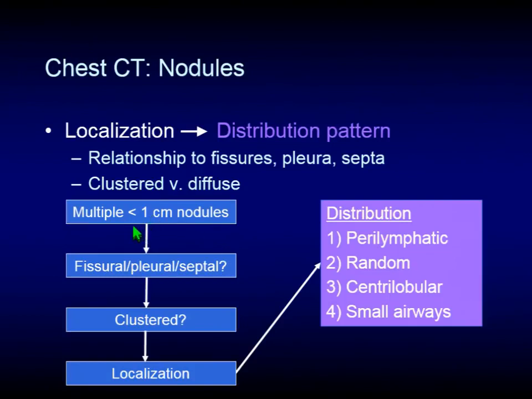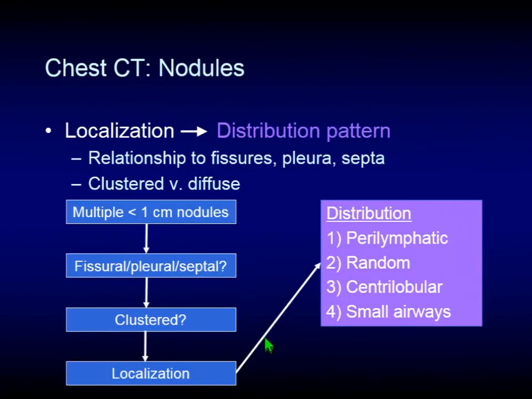So if you're dealing with a small sub-centimeter nodular pattern or a lot of them, the first question you want to ask yourself is, are these nodules on these lymphatic pleural surfaces? Are they on the fissures? Are they on the pleura? Are they on the septa or on the peribronchovascular lymphatics? The next question you want to ask yourself is, are these nodules clustered, or are they sort of isolated and you see one at a time?